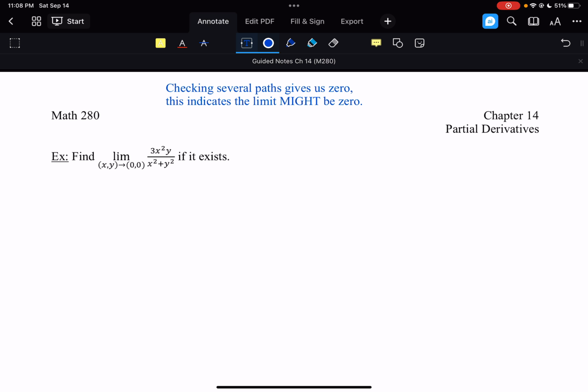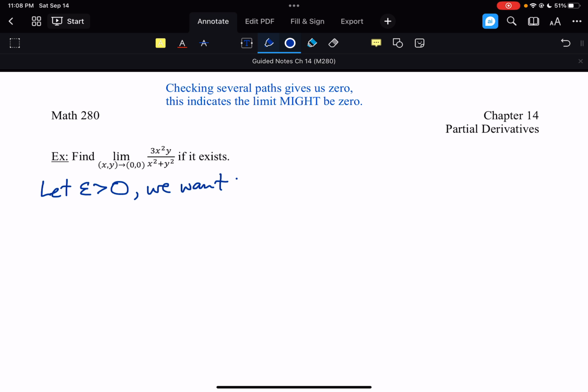In order to prove that the limit is 0, we need to set up the delta epsilon proof. Okay, so let's go ahead and do the setup here. We're going to let epsilon be greater than 0.